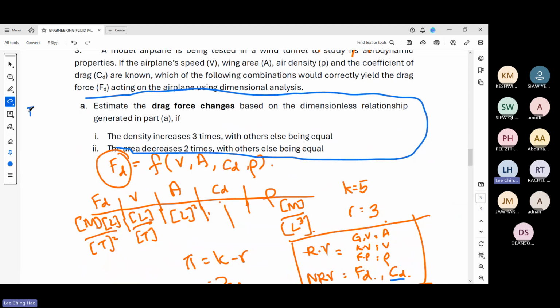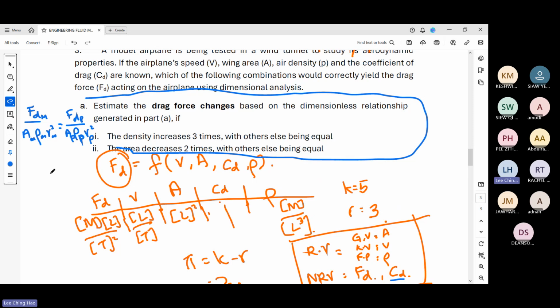Okay, so FD equals FD model, area model, density model, velocity square model, equals to FD of prototype, A prototype, density prototype and V square prototype.